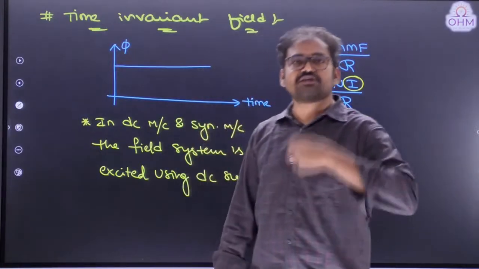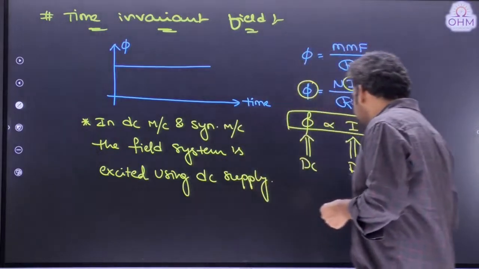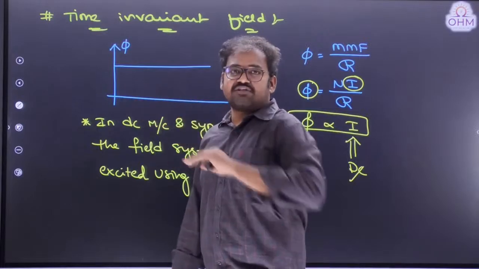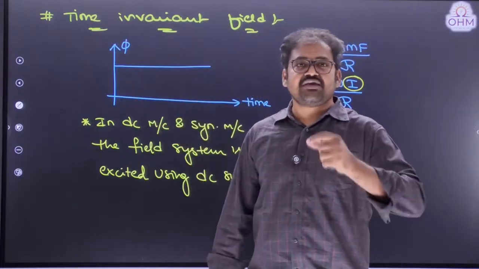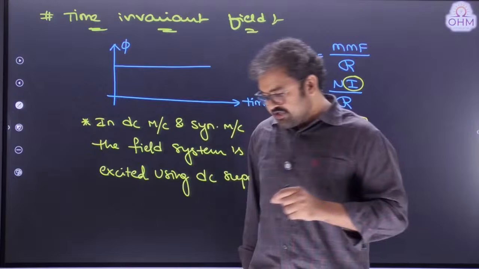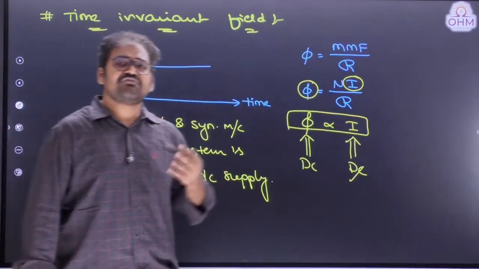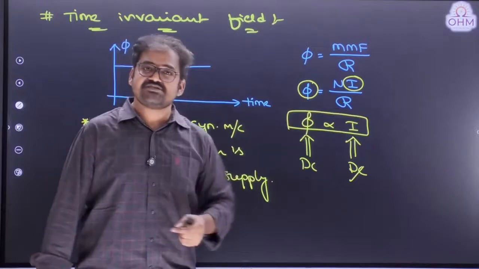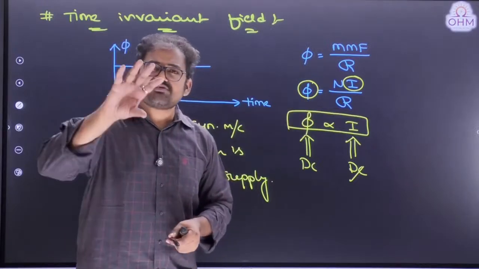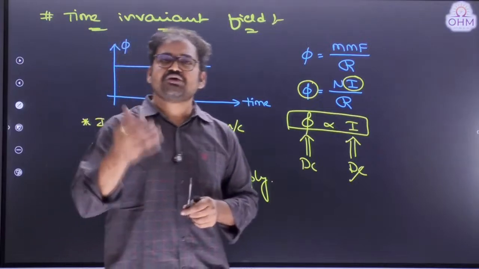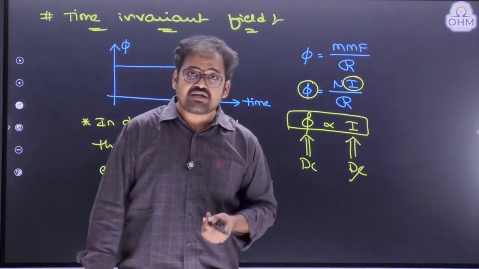But if you have electromagnets where you are using a DC current supply, you can increase or decrease the flux value based on the requirement. That means excitation can be controlled. That's why all practical generators will normally have a variable excitation using a DC supply. If the machine is very small, you don't need variable excitation, and then you can even go with permanent magnets as well.